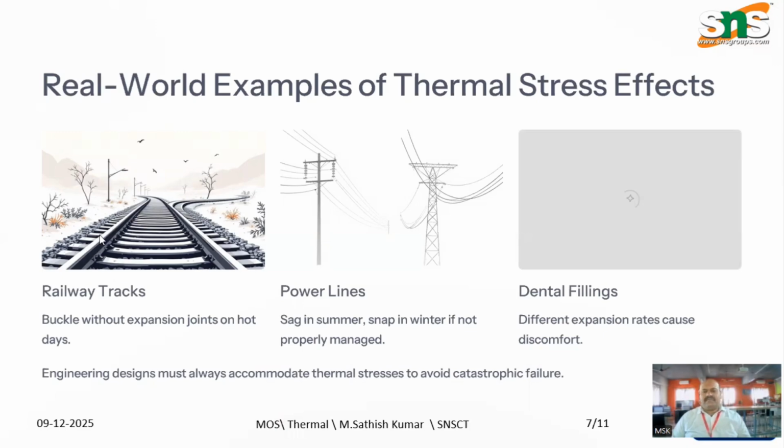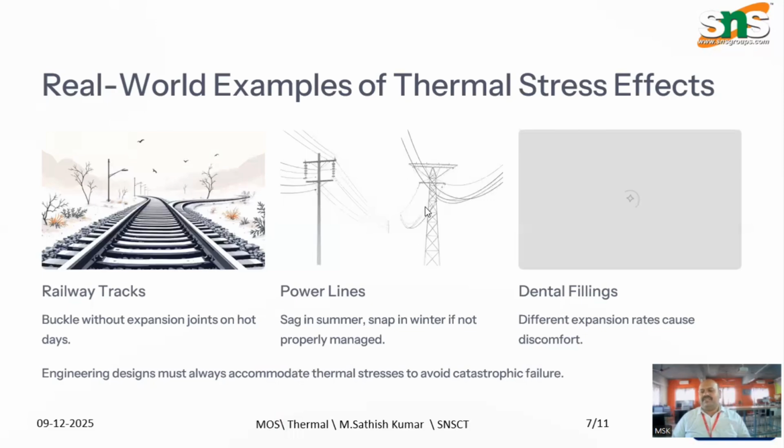This gap is left intentionally to allow the material to expand whenever there is a change in temperature. The change in temperature leads to an increase in length, so the gap accommodates it. Second, power lines sag in summer and snap in winter if not properly managed.